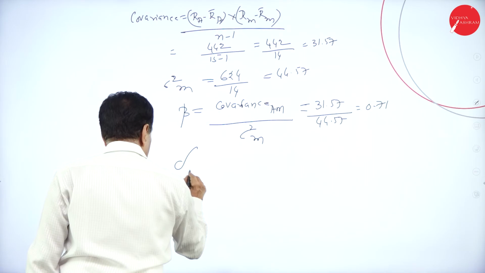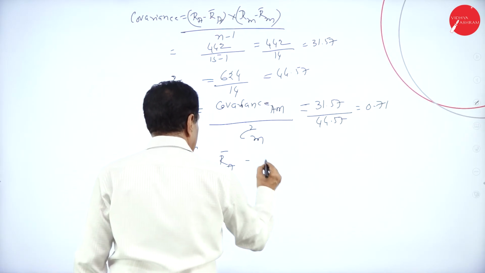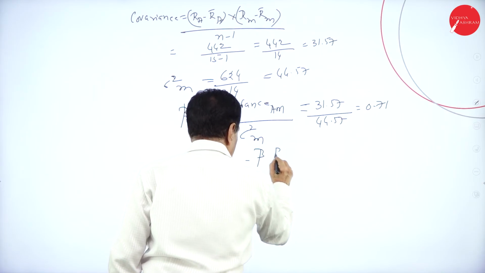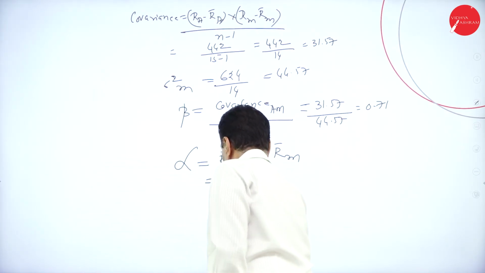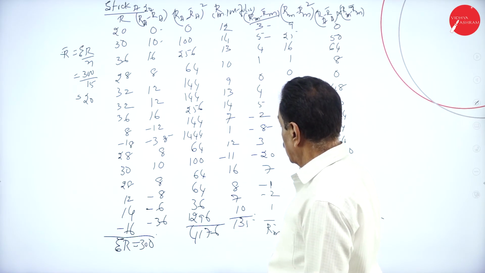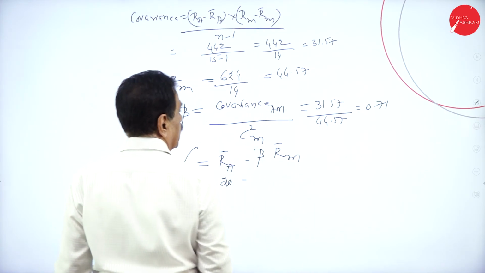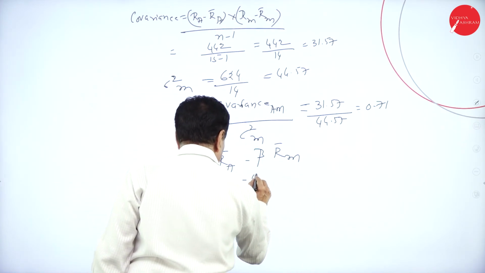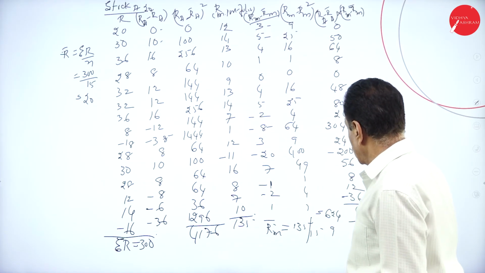Alpha is equal to R mean A minus beta times R mean of market. What's your R mean A? It is 20 minus beta 0.71, market mean of this 9.